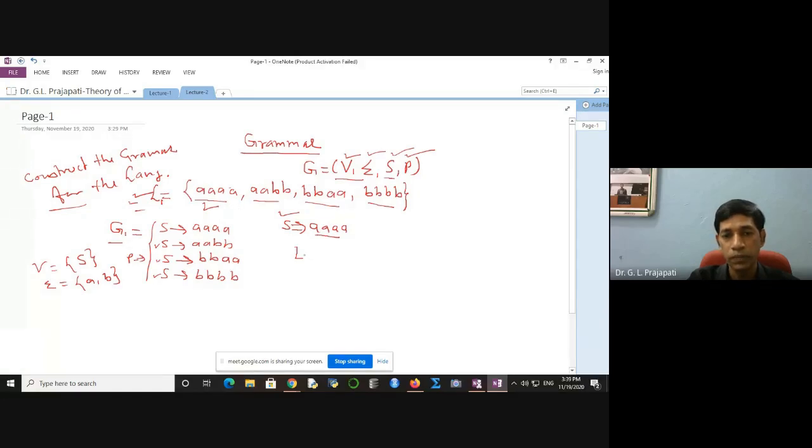So the language generated by the grammar G1 is precisely L1. You can't generate any other sentences that are not in the language L1. So you can say that for any given grammar, you have a unique language.